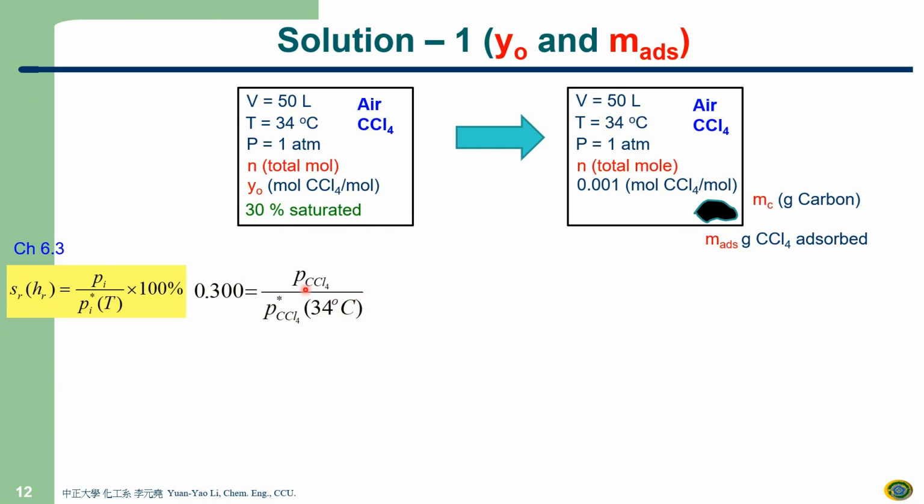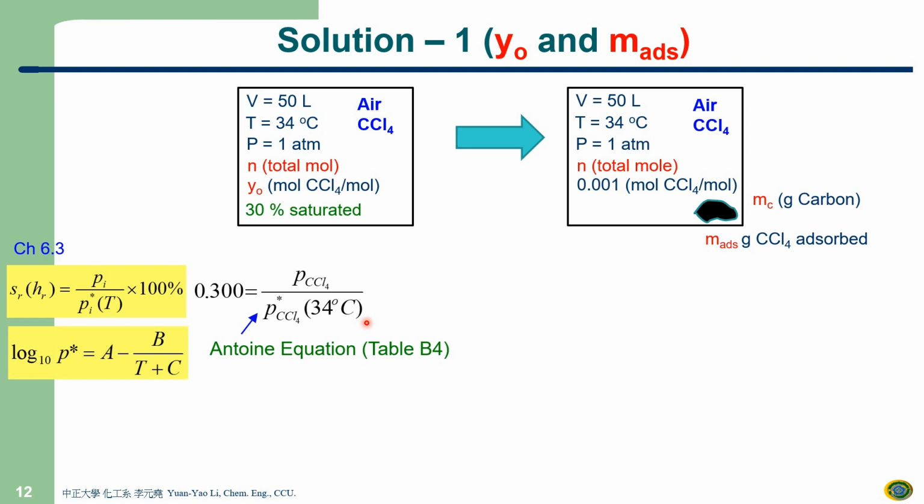So how can we get this? The Antoine equation, found in the textbook, right? So you have A, B, C, and this T will be 34. So you get P star, and as a result, you find the partial pressure. The partial pressure will be mole fraction times total pressure.